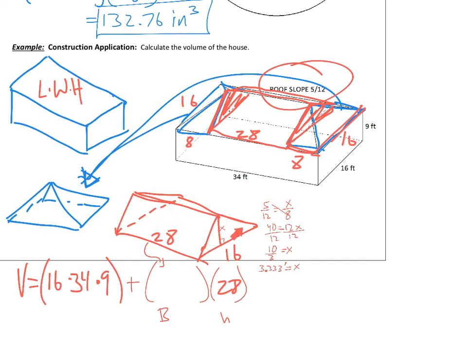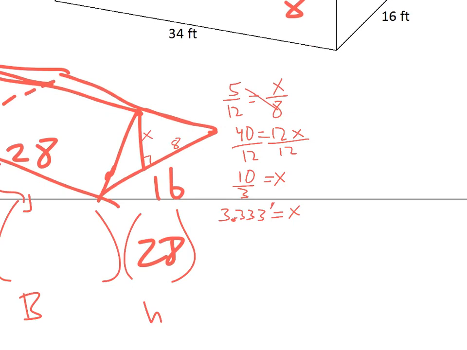Area of the base, well, now we've got to find the area of that triangle. Area of a triangle, if you look at your formula sheet in the back, is 1/2 base times height. Now let's just talk about the triangle. I know we just used height twice, but our base is 16. This is going to be the little base of the triangle, and this is going to be the height, which is 3.33.